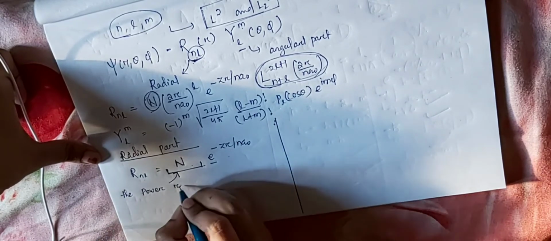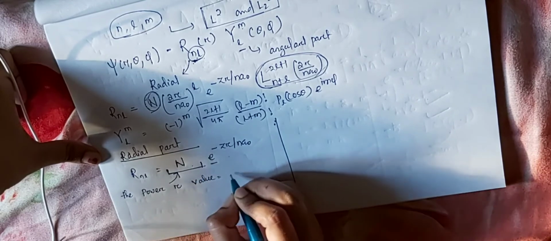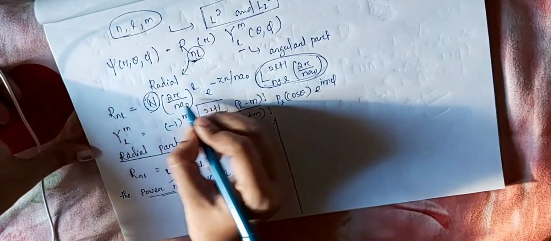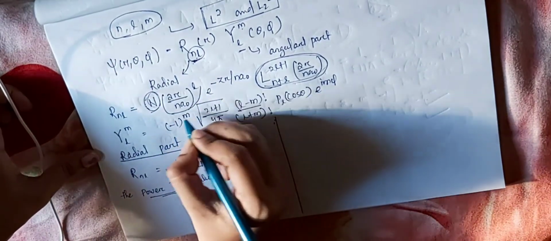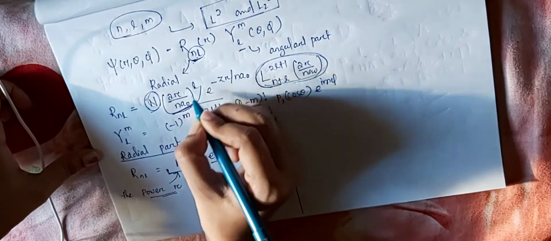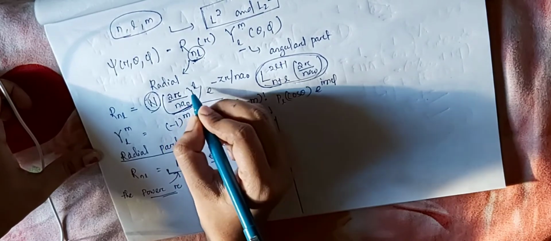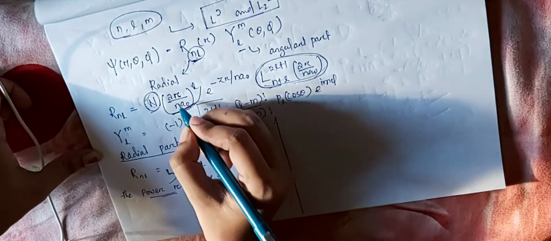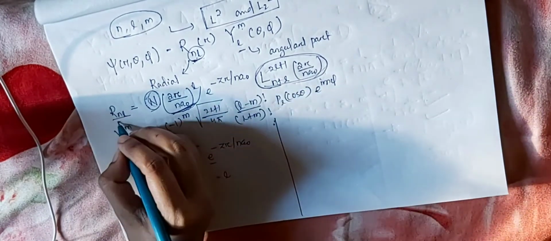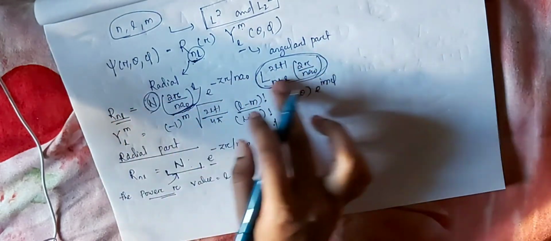The minimum power of r will give you the value of l. See, in this equation, 2r by n a naught to the power l, so this power of r will give you the value of l. Just compare with this equation. I am going to the short version of these equations, so you don't have to worry about the total term.